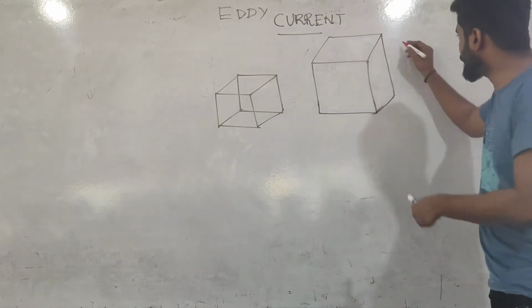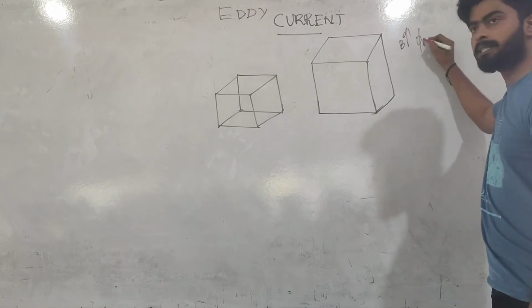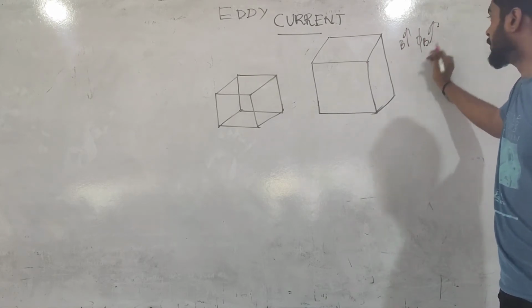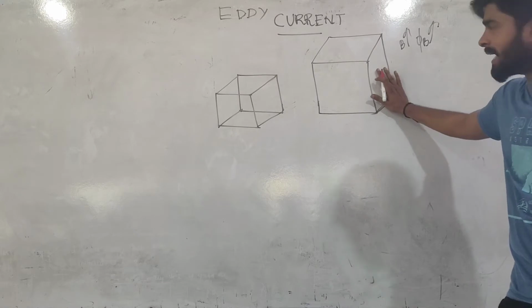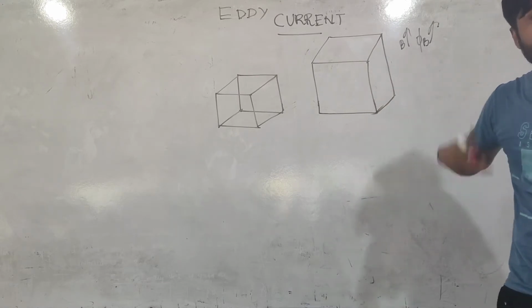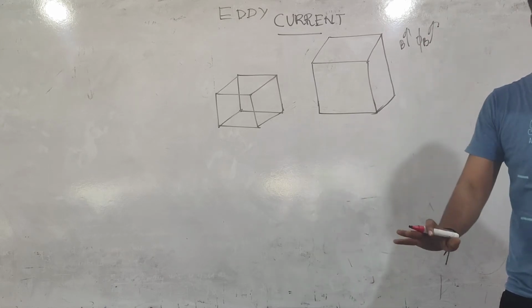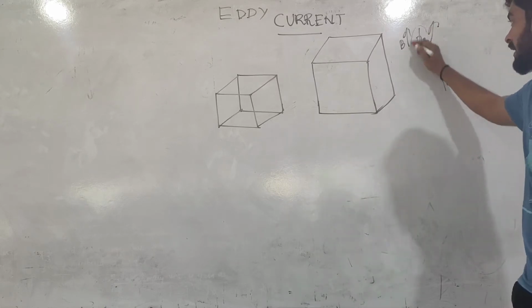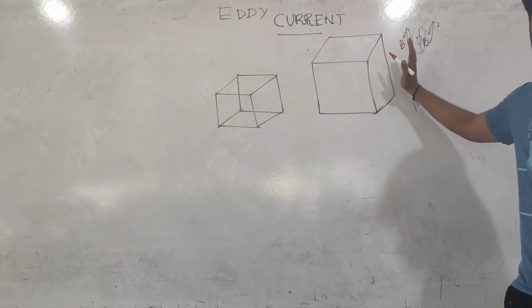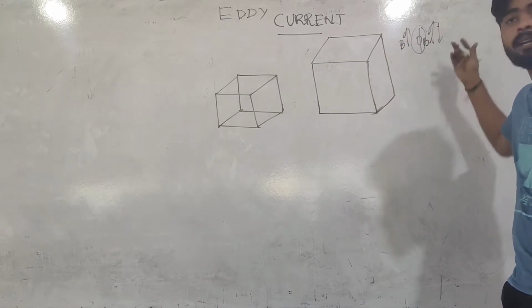If the magnetic field is changing, magnetic flux will be changing, right? It can be either increasing or decreasing. Anyway, the magnetic flux will also change accordingly.